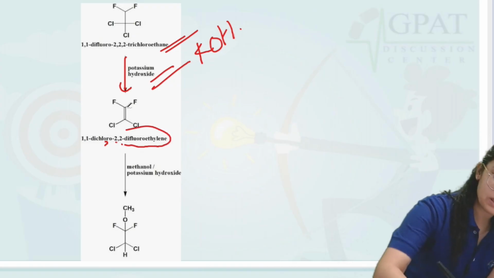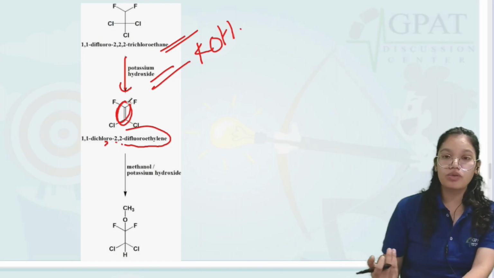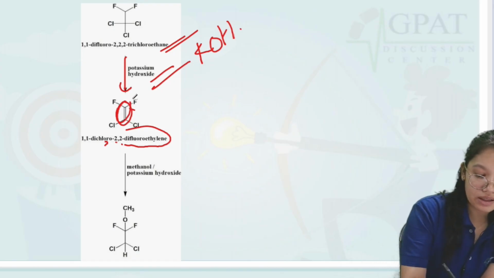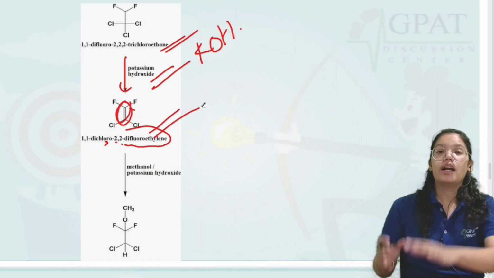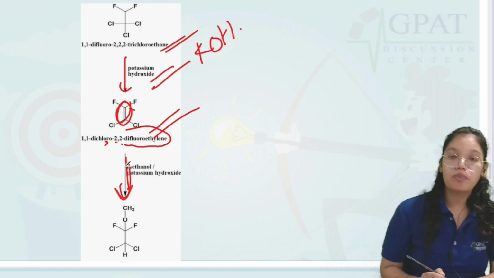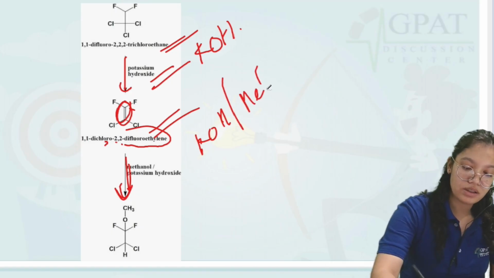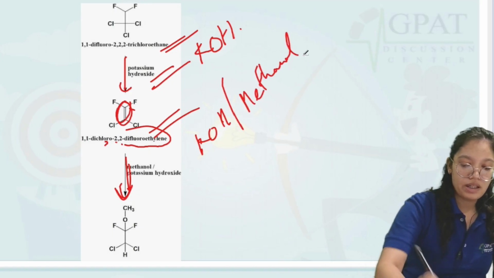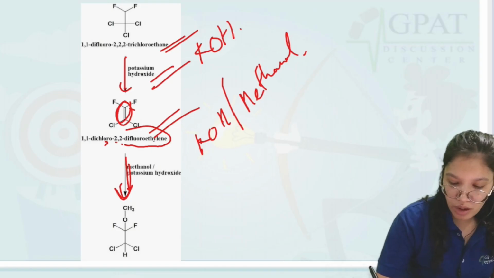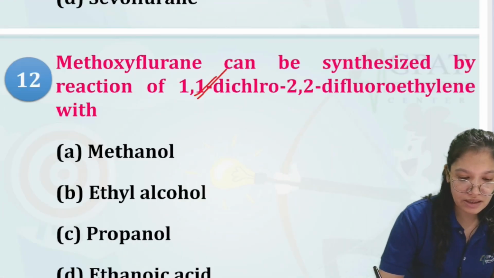Basically a double bond is formed here and chlorine is removed. So this is the product we get, and in the presence of methanol and potassium hydroxide, it can give us what? The final product, that is methoxyflurane.